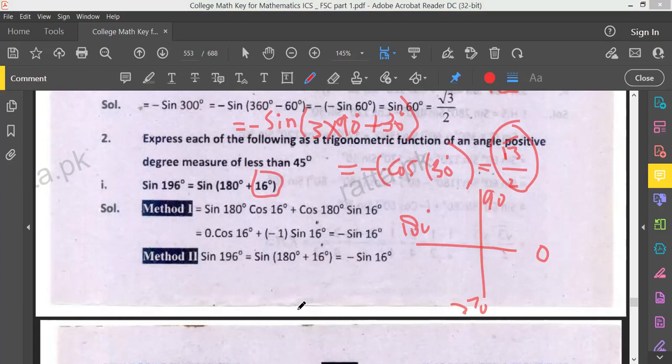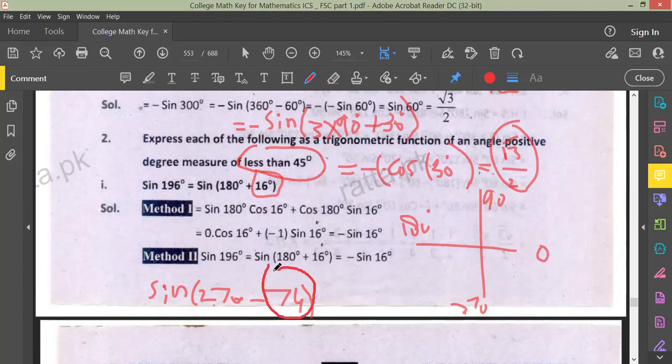There are two ways to write it. You can write it as sine of 270 minus 74 will be equal to sine of 196. But here the condition is that our second angle will be less than 45.